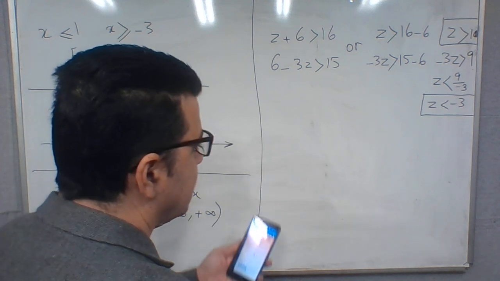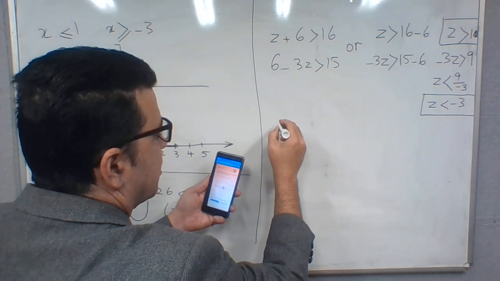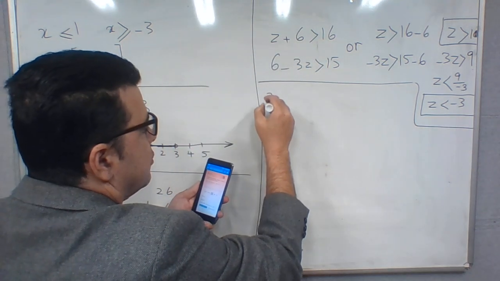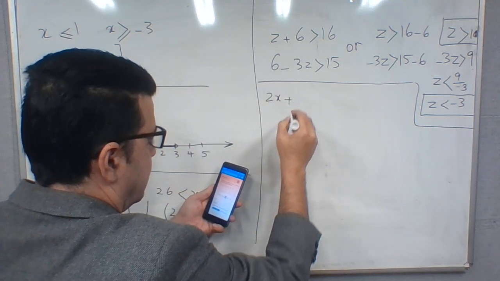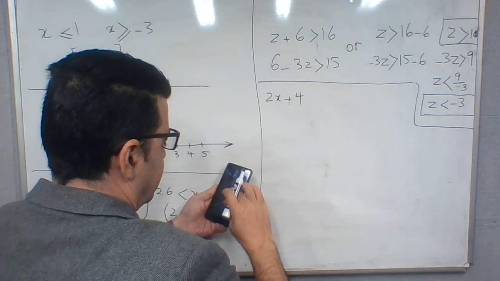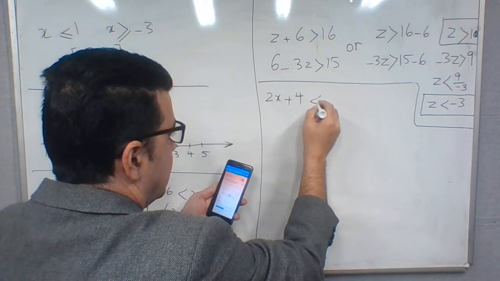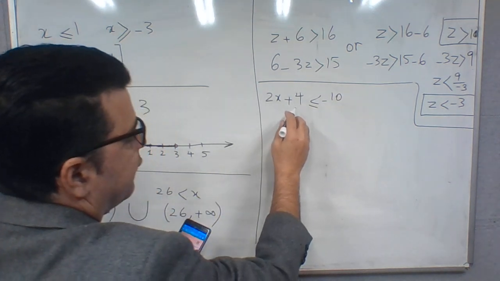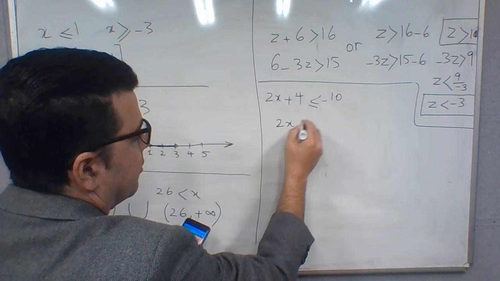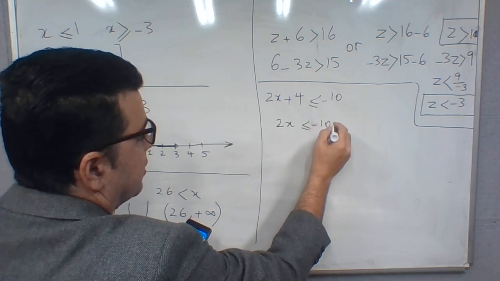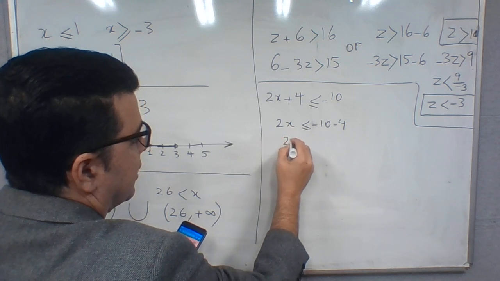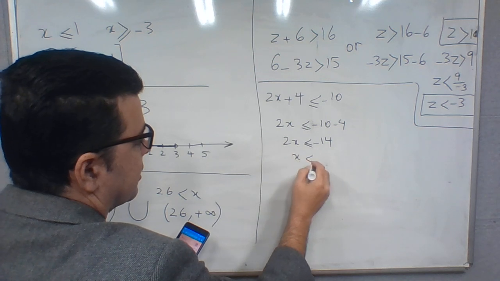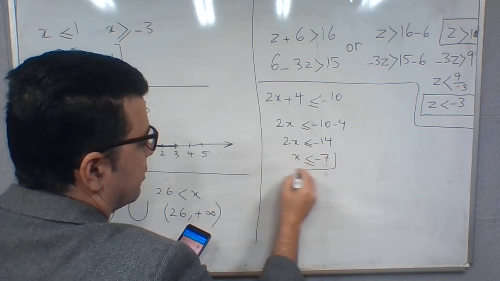So what are the inequalities? 2x plus 4 less than or equal to negative 10. Again, move 4 to the right. Change the sign, so minus 4. So 2x less than or equal to minus 14. So x less than or equal to negative 7.